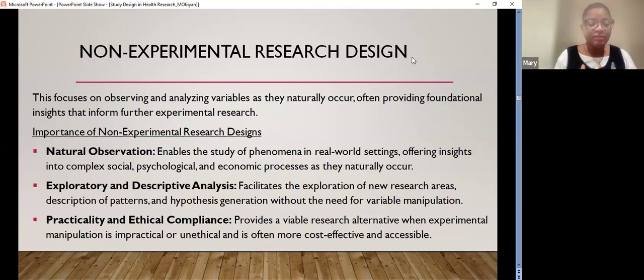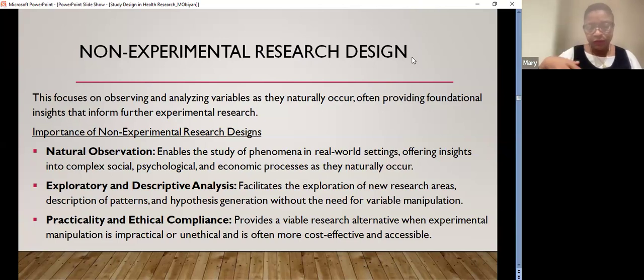Why is it important? It enables the study of phenomena in real-world settings. It explores and describes issues. You can say you want to find out the association between the educational status of mothers and the educational outcomes of children.